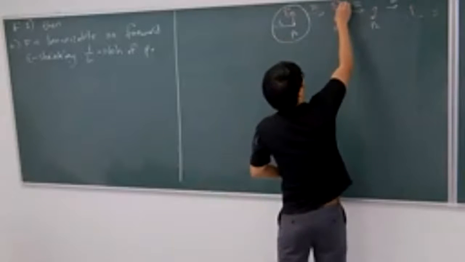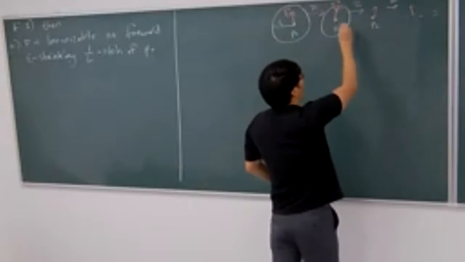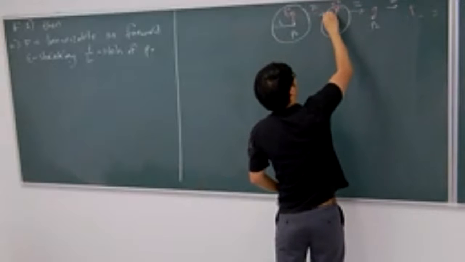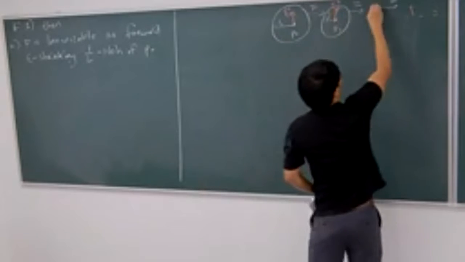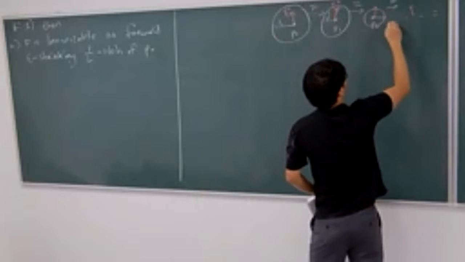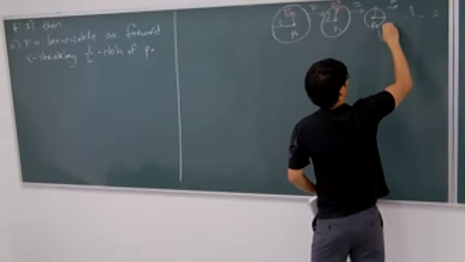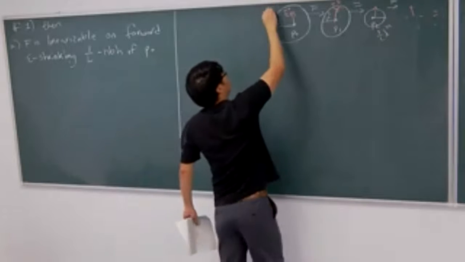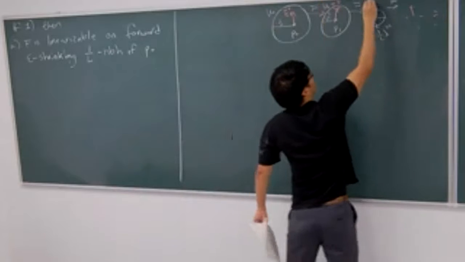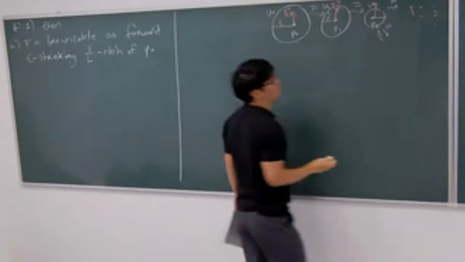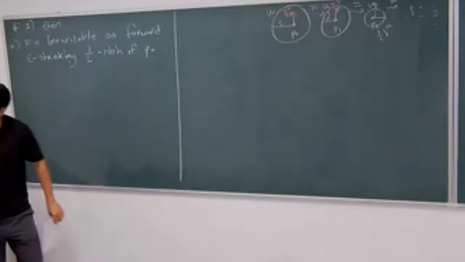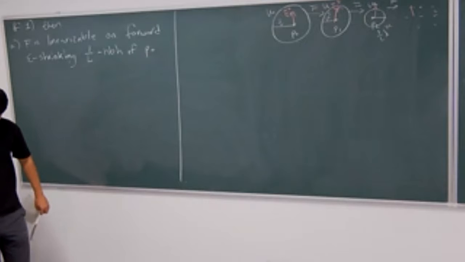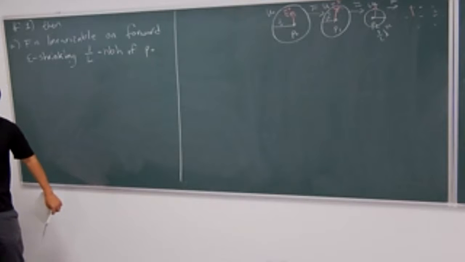So at P1, you'll have a slightly smaller ball, and the radius will be 1 over L lambda to the epsilon. And you draw an even smaller ball, with radius 1 over L lambda to the 2 epsilon. Let me call these balls U0, U1, U2. So the radius of Un is going to be 1 over L lambda to the n epsilon.